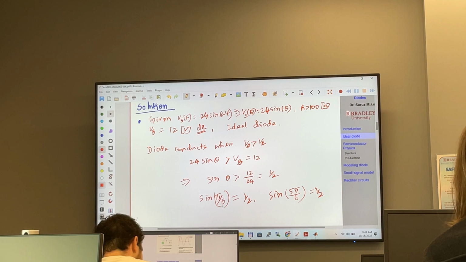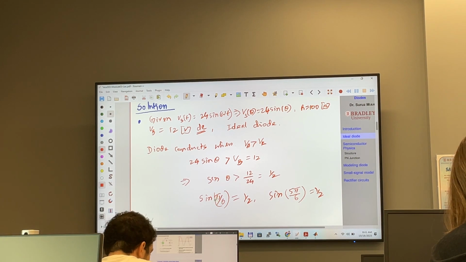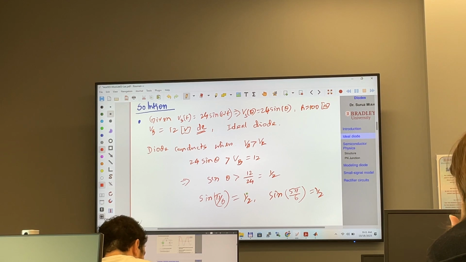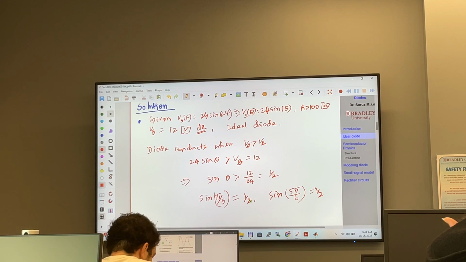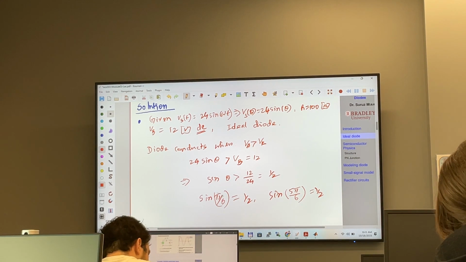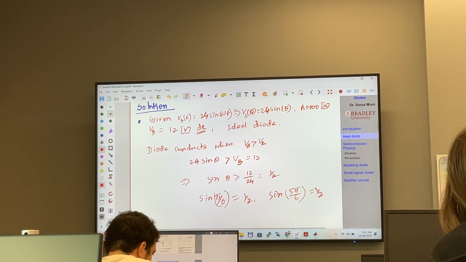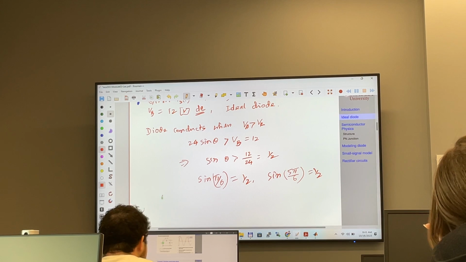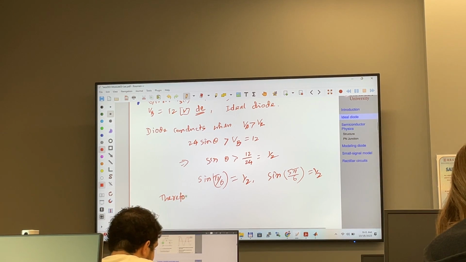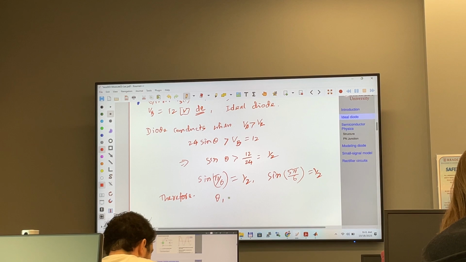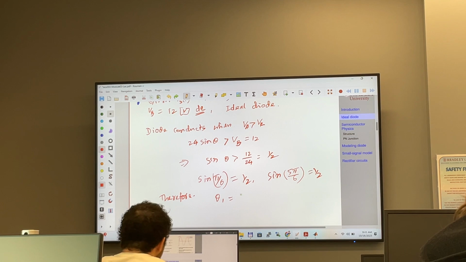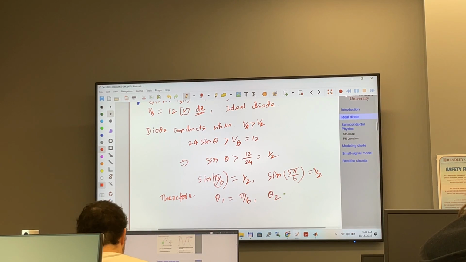So between these two angles, sine of the angle is going to be more than half. Therefore, theta 1 is going to be pi over 6, and theta 2 is going to be 5 pi over 6.